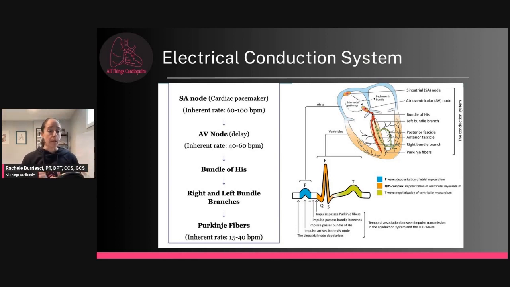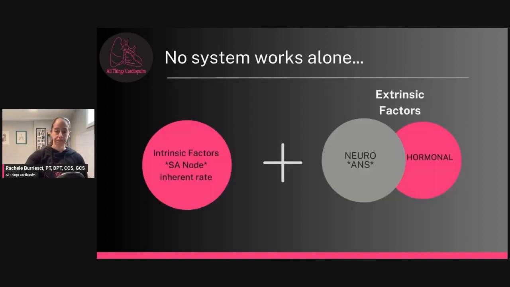And that's when you see a bundle branch block, and you're going to see a change in your QRS complex because there's increased time and a block during that. But it still occurs because there's always a backup system.